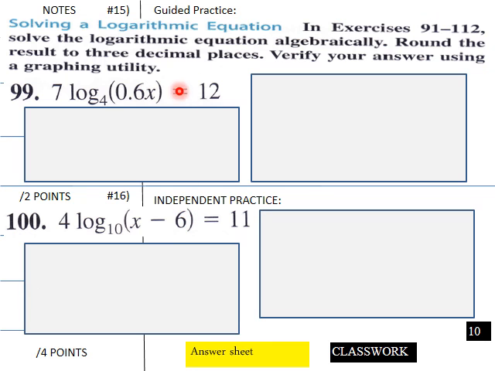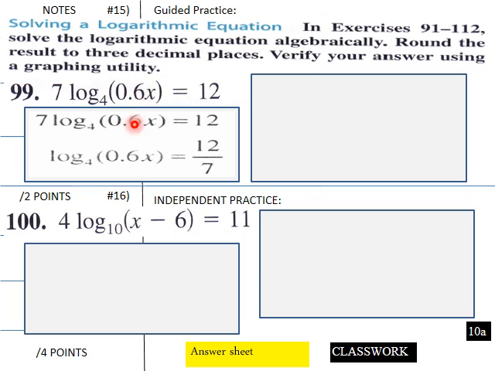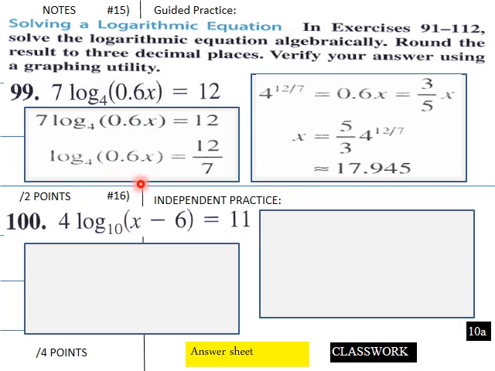Okay, we have a situation here that we can check again by graphing. For the first one here, 7 log base 4 of the quantity 0.6x equals 12. We're going to divide through by 7, and then we're going to jump it up. We have a base 4 here. Let's jump it up: 4 to the 12 over 7 equals 0.6x.